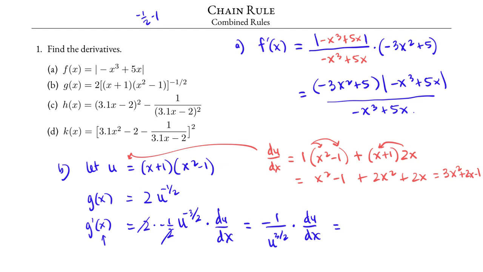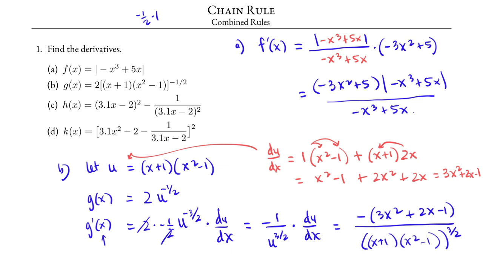And so the answer is negative 1 times du/dx, which is 3x squared plus 2x minus 1 over u to the power 3/2. But what is u? u is x plus 1 times x squared minus 1. We will need the extra set of parentheses around these two factors.